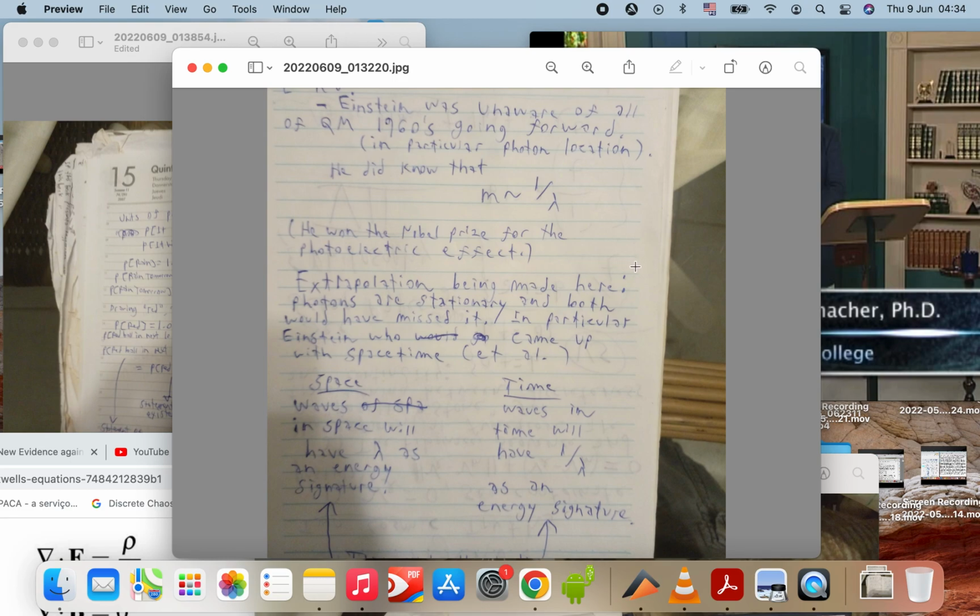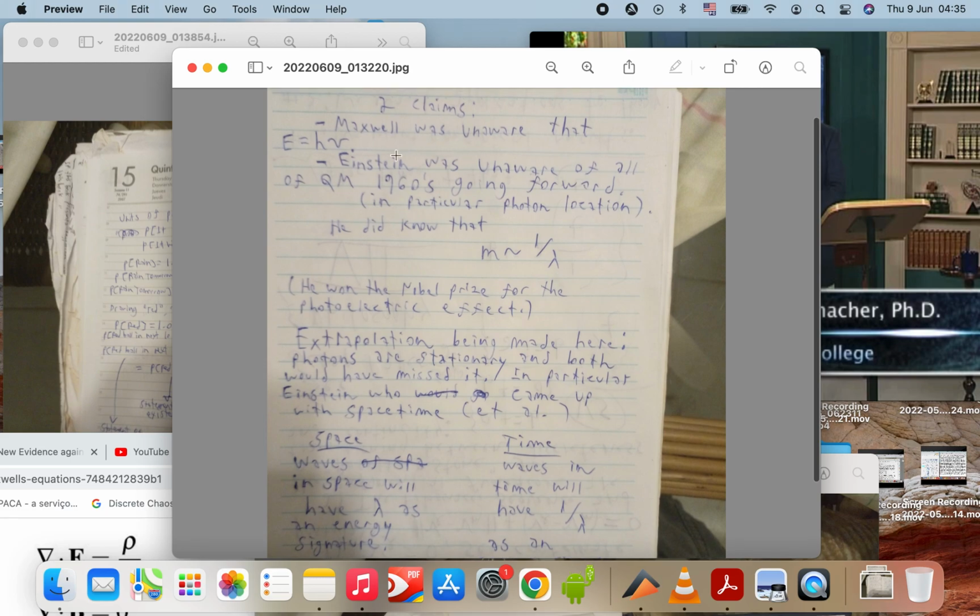He won the Nobel Prize for the photoelectric effect, so he knew about the interactions of photons with atoms. But the extrapolation being made here is that photons are stationary, and both Maxwell and Einstein would have missed it.